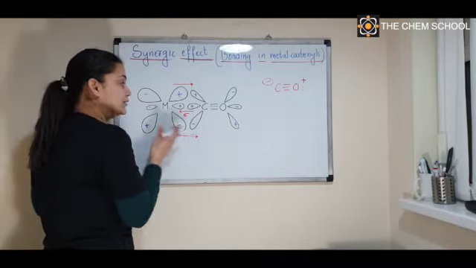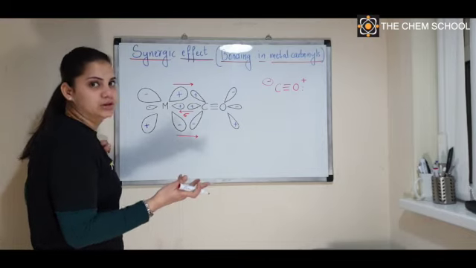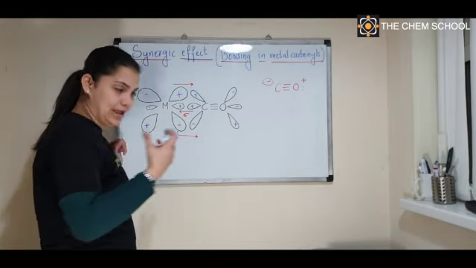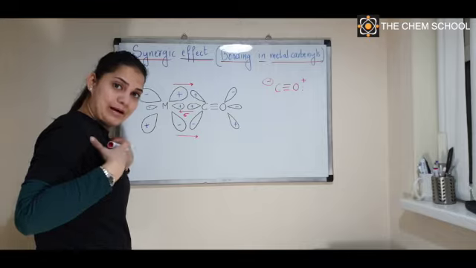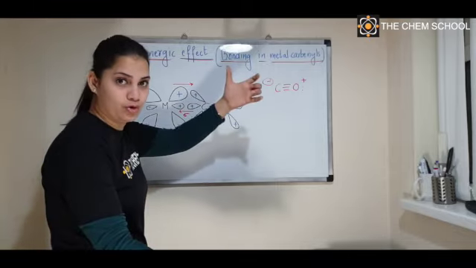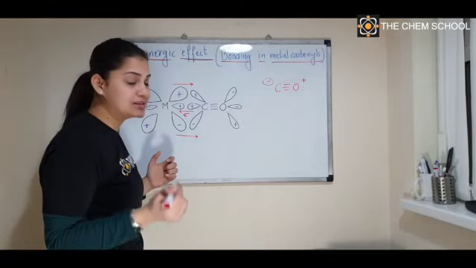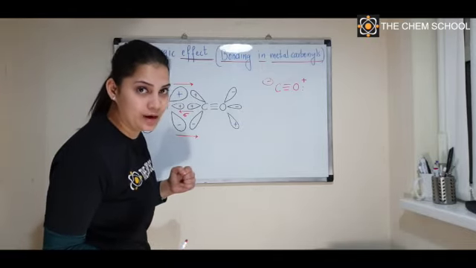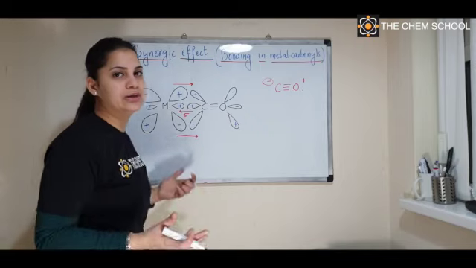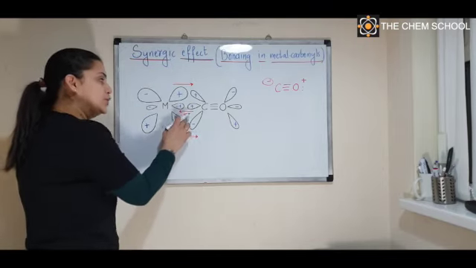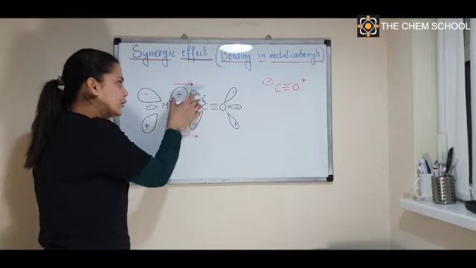This bonding is called synergic bonding, where you are taking electrons and the same metal is also trying to return some electrons to the original atom, that is carbon. So this is called back bonding or synergic bonding, and the effect is called the synergic effect.